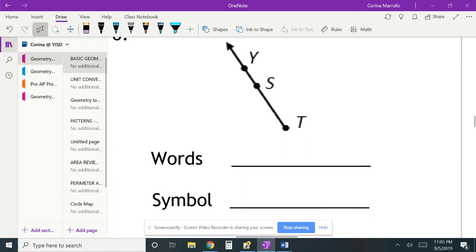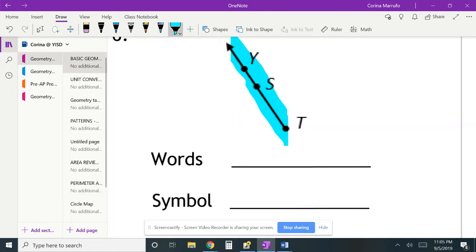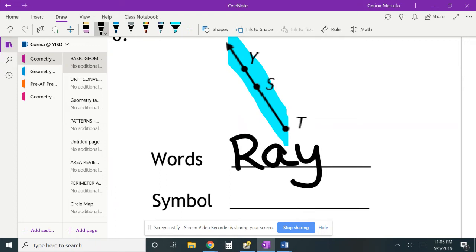Okay, this one we do have a ray again. Remember the order matters when it comes to a ray. So it starts at point T and then it continues on through S and through Y. So when we're writing it in words, we're going to say ray, and then it can be ray TS, or we can use ray TY.